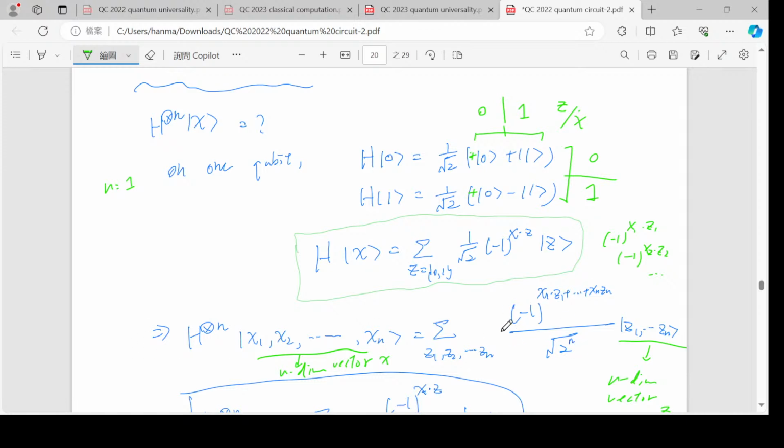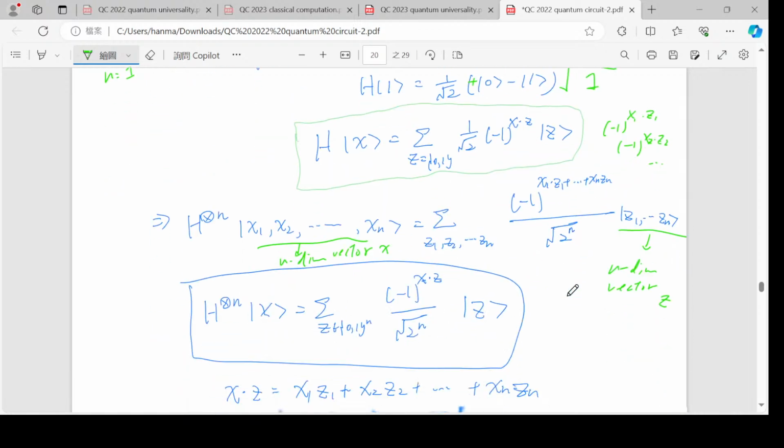Then the tricky part is the minus 1. Each one gives you a minus 1 to the x times z factor. So you have minus 1 to the x1 times z1, then times minus 1 to the x2 times z2, and minus 1 to the x3 times z3, and minus 1 to the xn times zn.